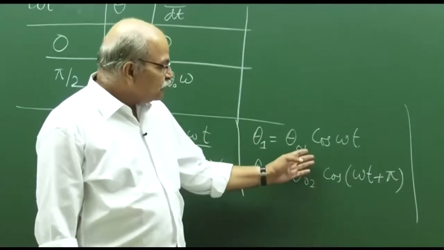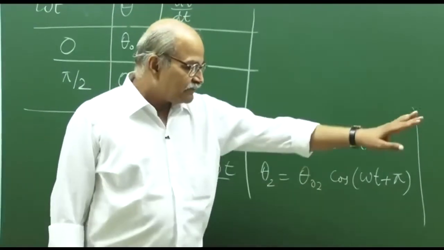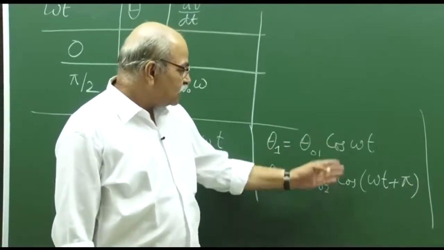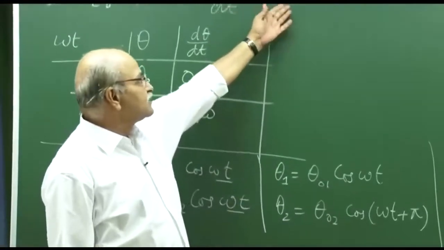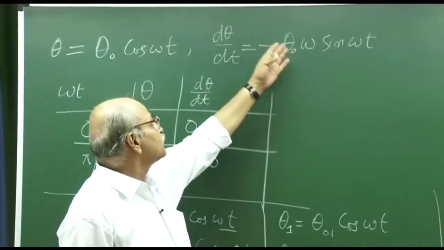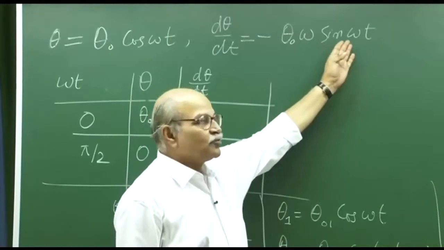And even if you think of velocity, one is going left, another is going right, that also can be obtained by this pi itself. Velocity is given by this expression, minus theta naught omega sine omega t.